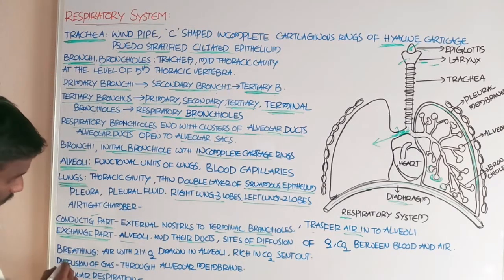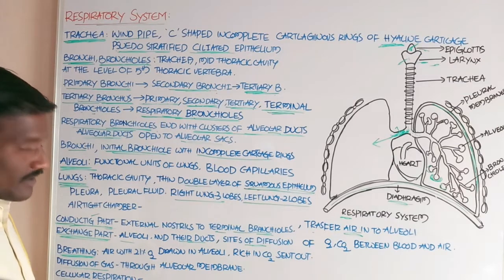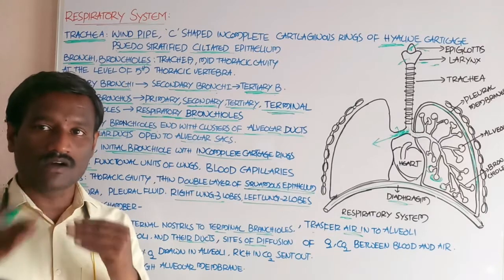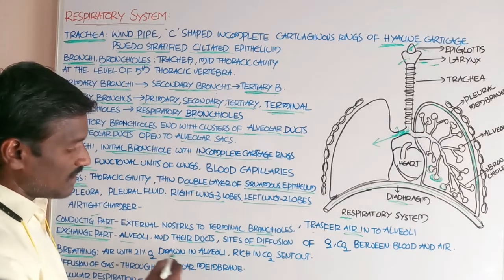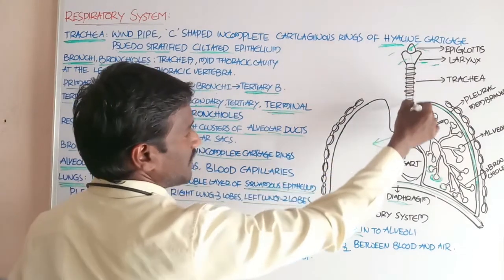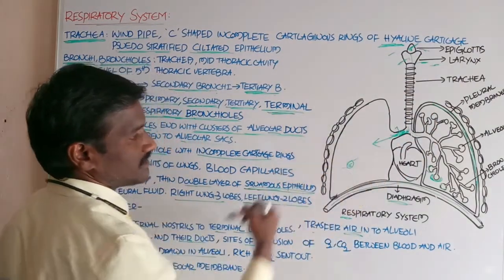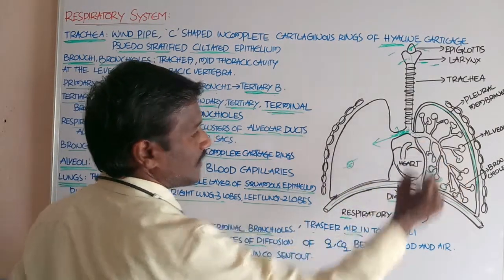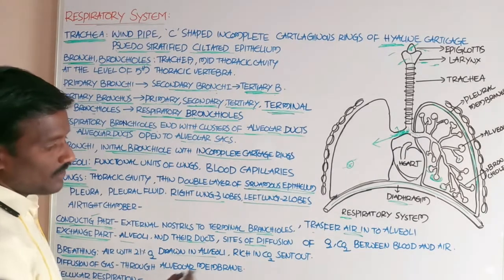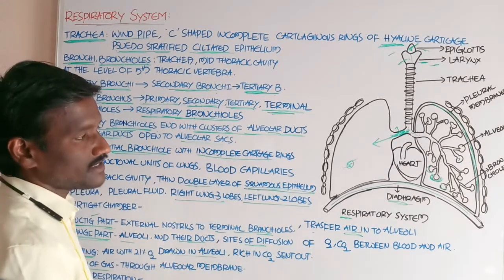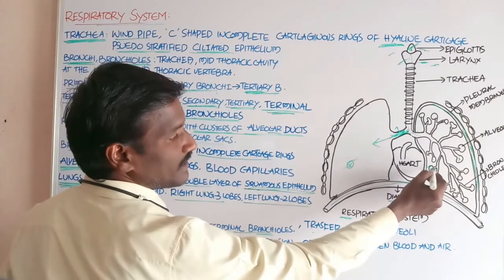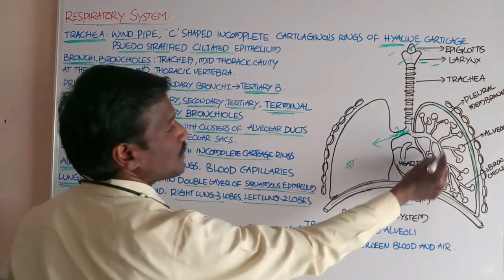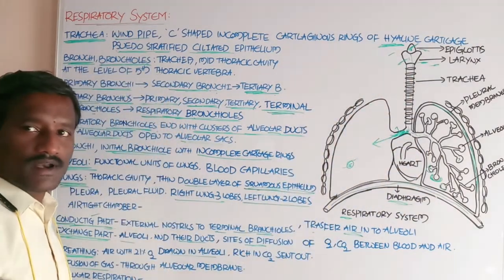And another, breathing. What about breathing? Outer atmospheric air, which consists of 21% oxygen, is drawn into the alveoli by the respiratory tract, and finally enters the alveoli of the lungs. The alveoli are already filled with carbon dioxide, so the carbon dioxide is sent out through the respiratory tract.